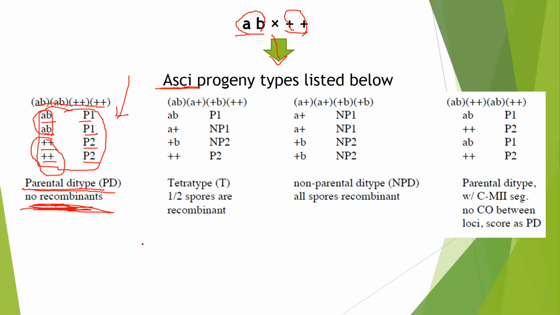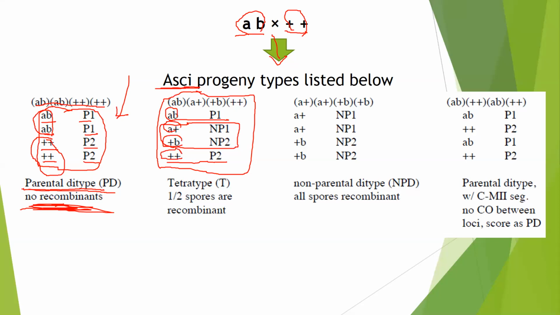Any questions here? Okay. Now let's look at this one. If there's a crossover occurring, then you're going to see that half of them are the parental type and half of them are non-parental. In this case, we give it the name tetratype, because there are 4 types here.